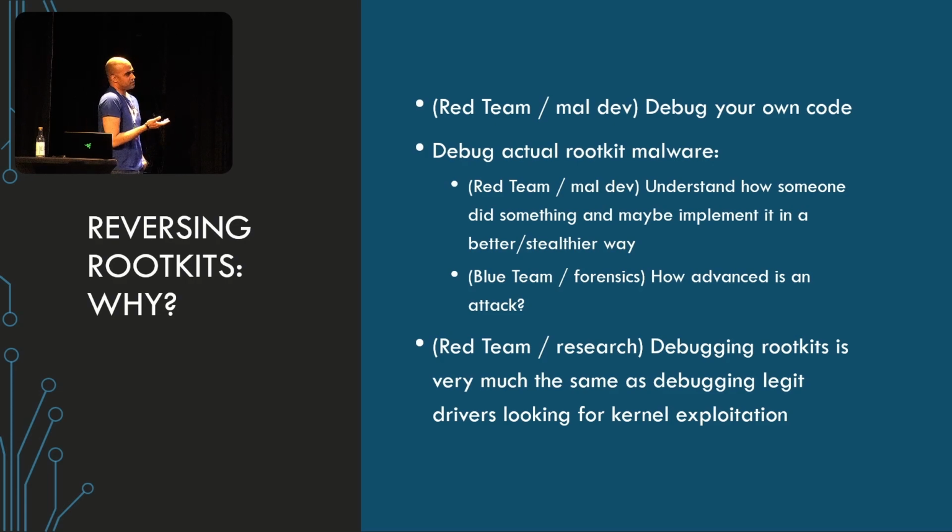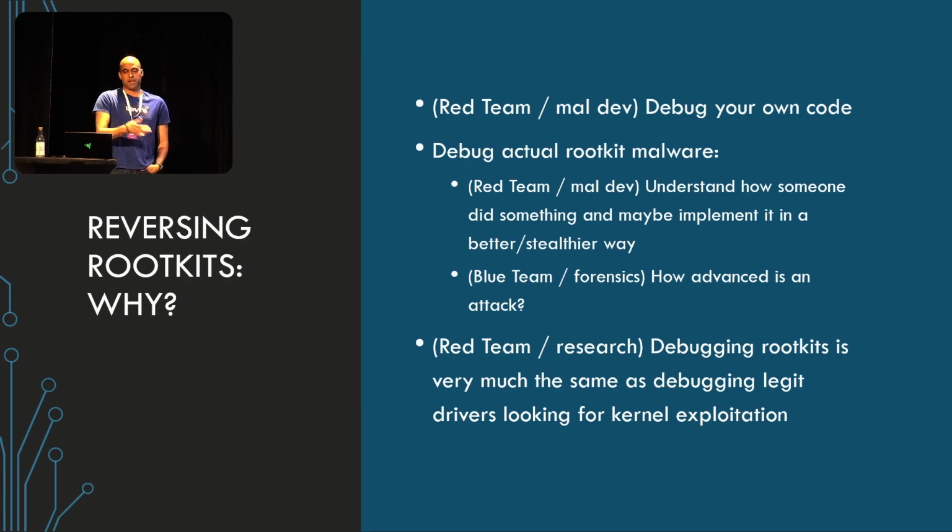For the blue teams, an important question to ask is how advanced is an attack? Often the priority is what has happened. But you could argue that how it happened is also very important, because there's value in trying to assess how good, technically speaking, a team that attacked you is.